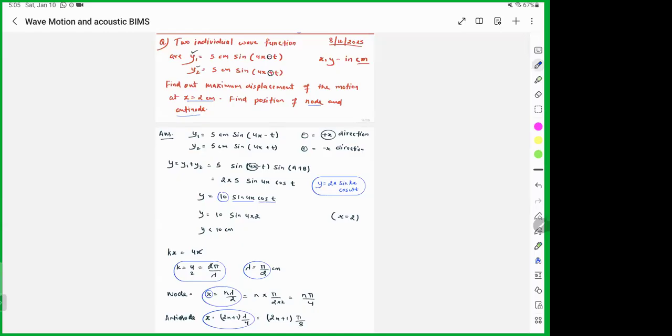See, we got the maximum displacement, but to calculate the node and antinode, we don't need y value. We just need k value. Through k value, you calculate lambda, and using lambda, you can get position x value. X means position of node and antinode. Understood?